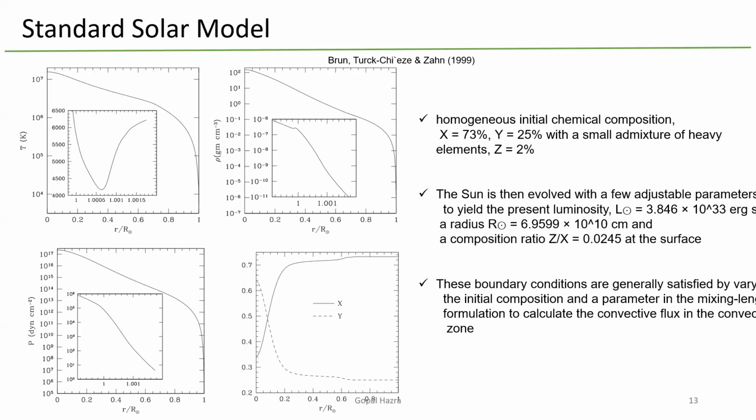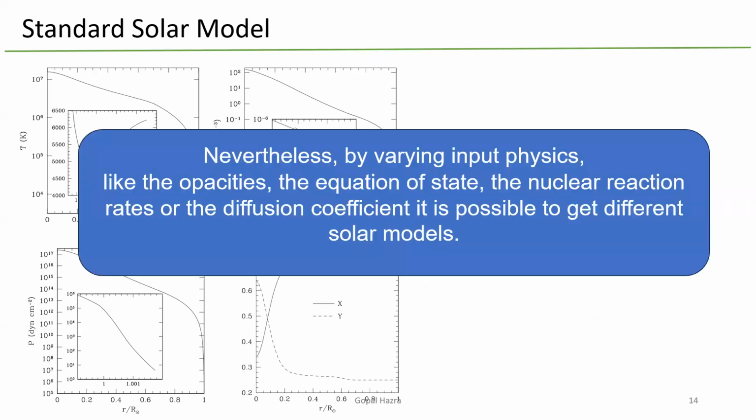Now we'll come to helioseismology, and I will show you how it matches with the standard solar model. Then we will see it is doing a much better job, but needs improvement. Nevertheless, there is varying input physics, like opacity and the equation of state. Equation of state is a dangerous thing. We always assume polytropic or ideal, but actually that is not true, so there is a lot of deviation.